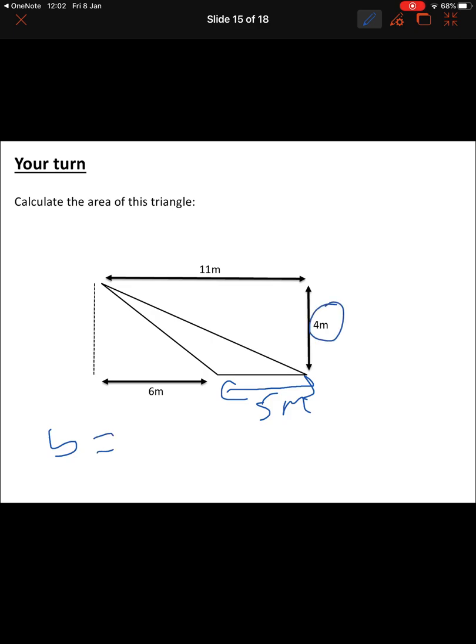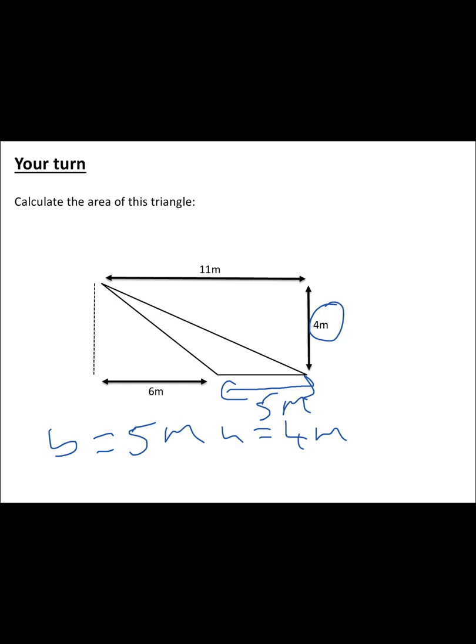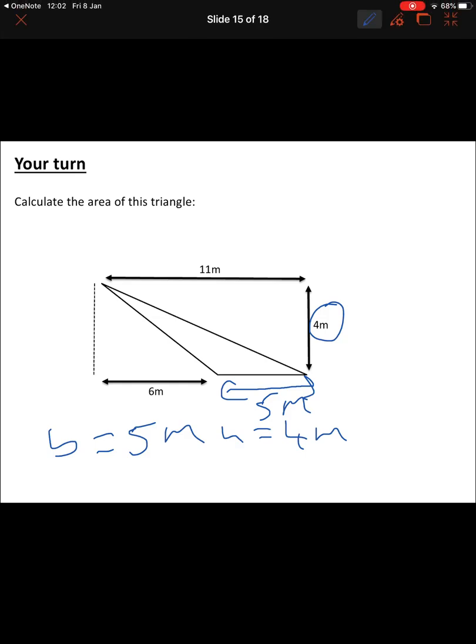And your height is 4 meters. So calculating the area, your area would just be 5 times 4, divided by 2, and your answer should be 10 meters squared, okay?